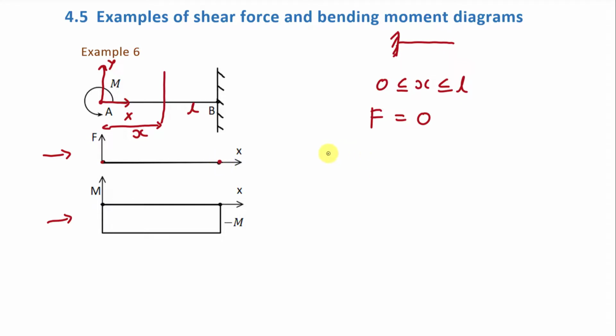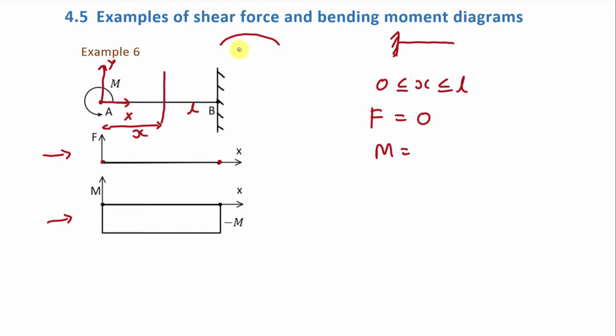Now here, what is the value of bending moment? At this section, if you want to find out, then we will take the sum of all the bending moments on either side of this section. So here we are going to take the left side bending moment. Here in the left side there is only one bending moment which is in the anti-clockwise direction. So if this moment acts in the anti-clockwise direction, this beam is going to be bent like this.